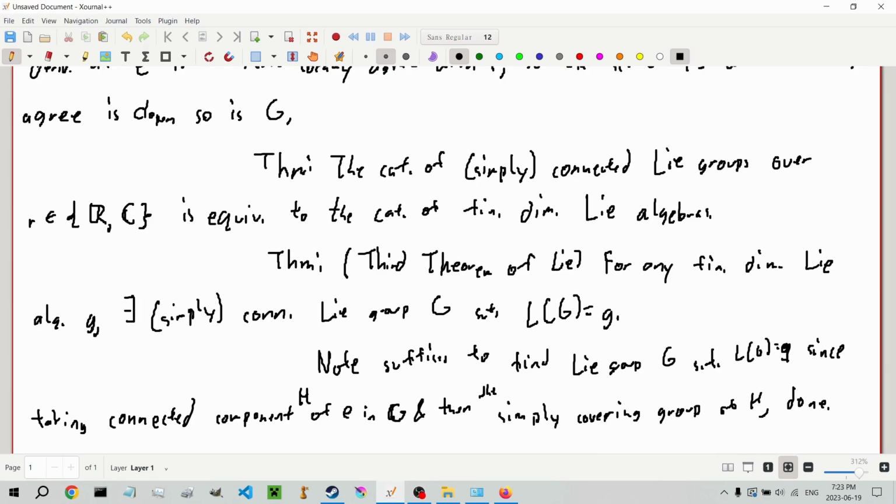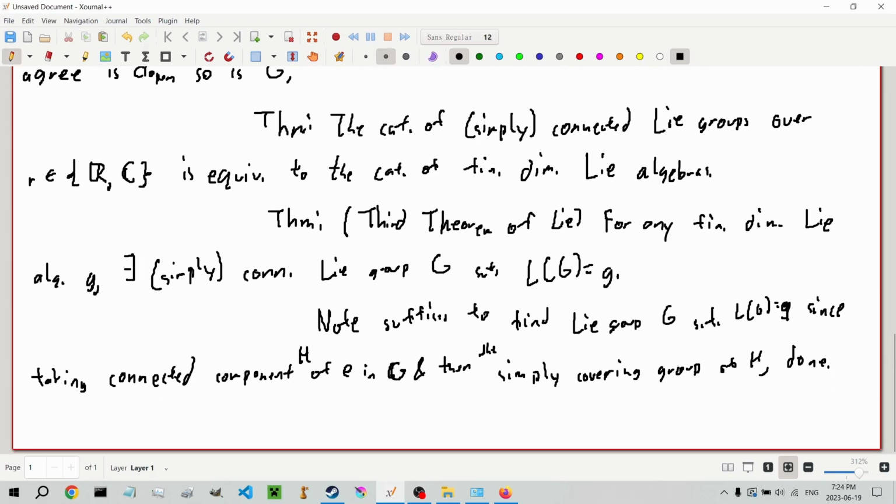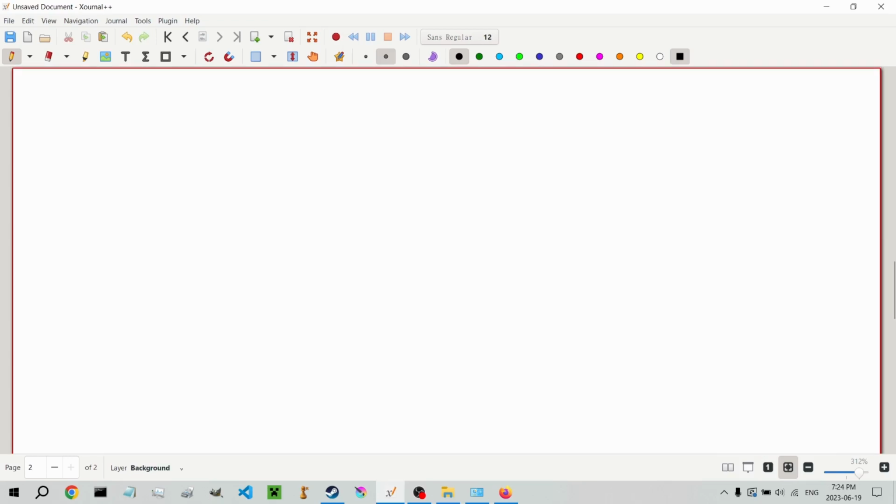And so our first proof is based on another theorem, which is by Ado, which I believe we've already seen, but we will go over again, which is every finite dimensional Lie algebra has a faithful, that is injective, I believe, or is it surjective?